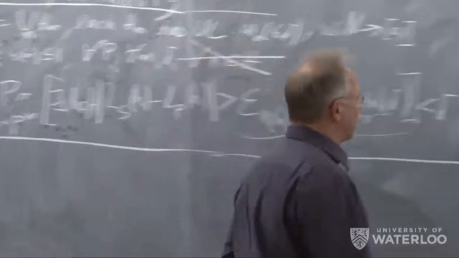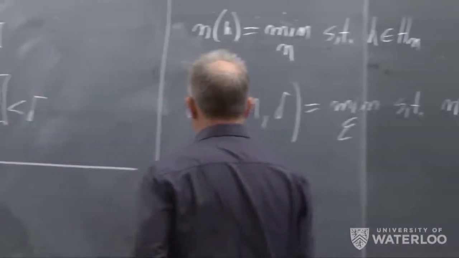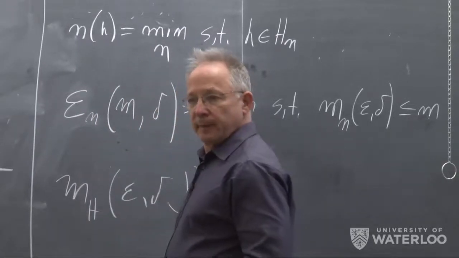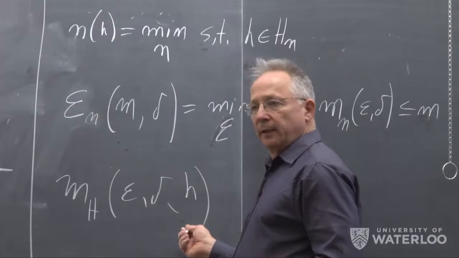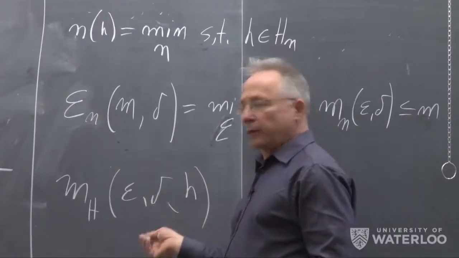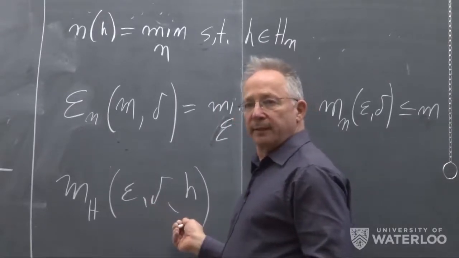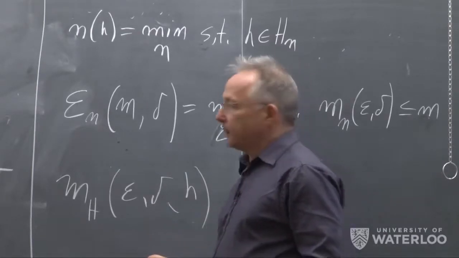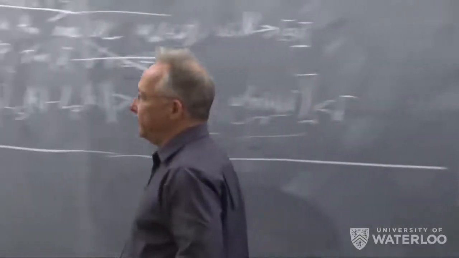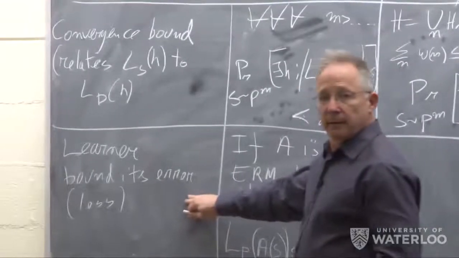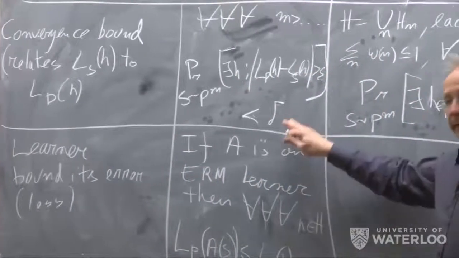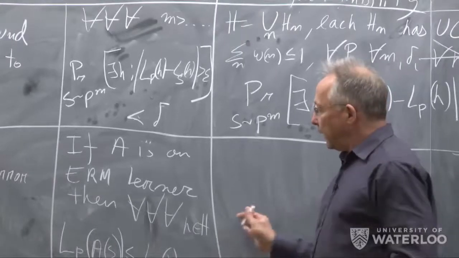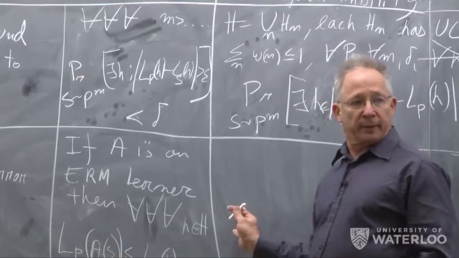You remember, we are looking for a function m of epsilon, delta, and h. So we have to define this function and show an algorithm that with so many examples will successfully learn every h. So now we are missing this second component, which is the learner. In the case of PAC, the learner was empirical risk minimization. Now we need something analogous to the empirical risk minimizer.